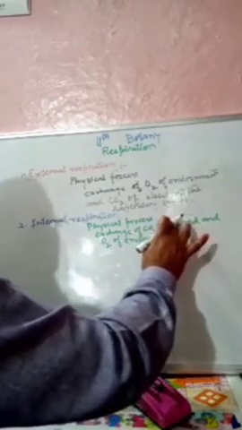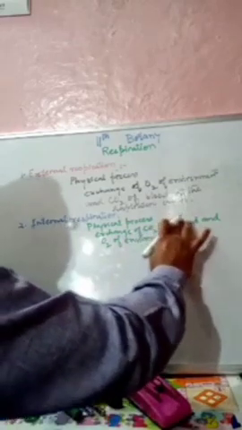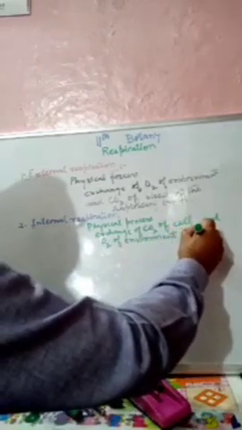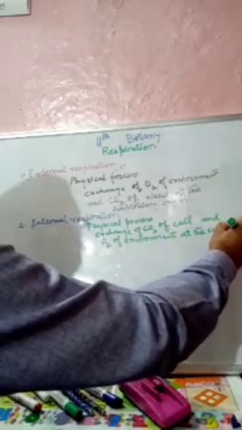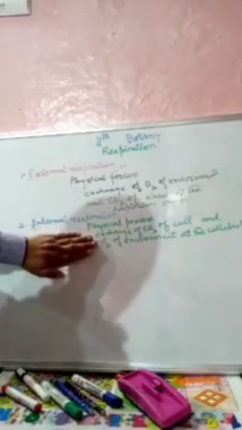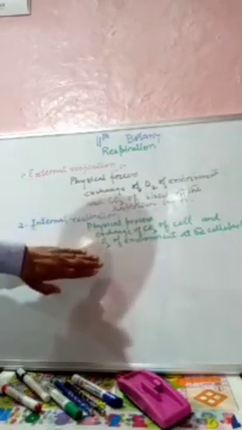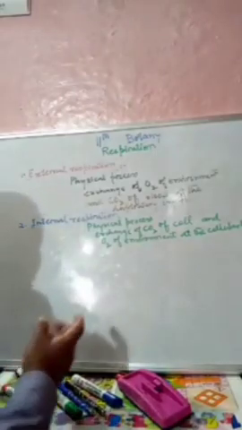Carbon dioxide of the cell, and oxygen of blood, sorry, oxygen of blood at the cellular level. So in internal respiration, this is again a physical process where there is an exchange of carbon dioxide of the cell and oxygen of the blood at the cellular level.